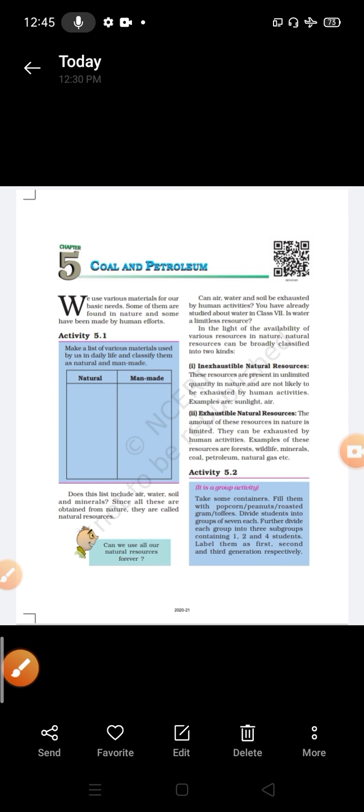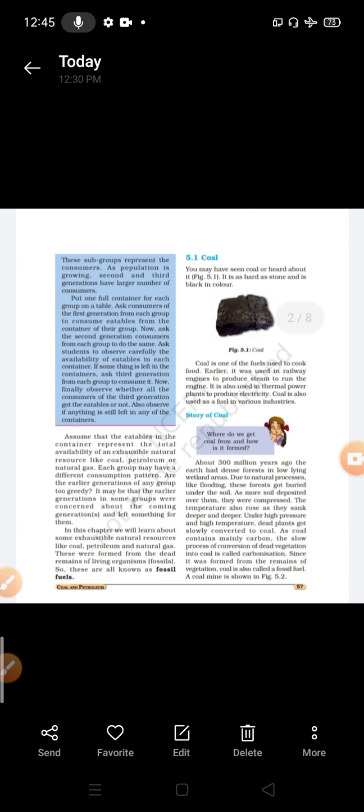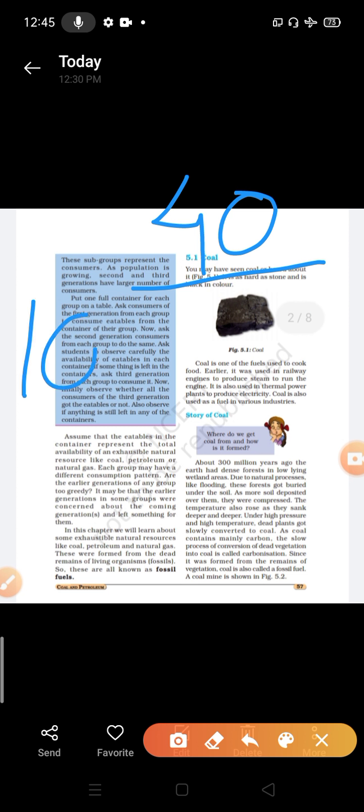Clear? So one activity has been given here, and in a simple way I will explain this activity to you all. This is a group activity. Just suppose 40 students are in your class. In the lockdown period we can't perform this activity, but we can understand its main motto. First I classify all 40 students into groups of 10 students, so 4 groups will be there.